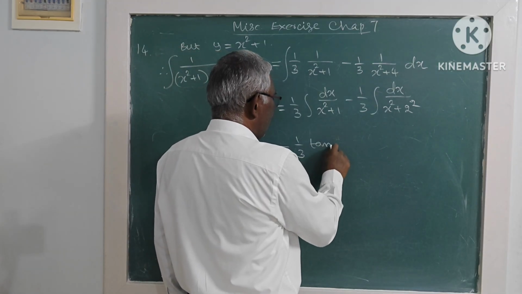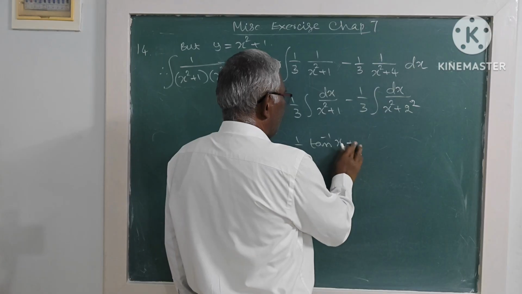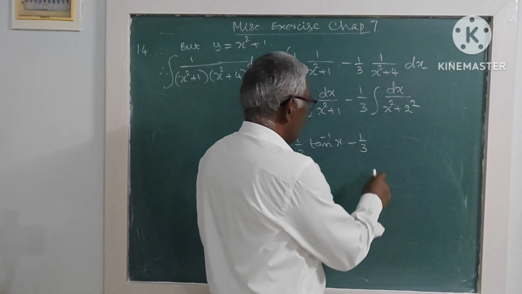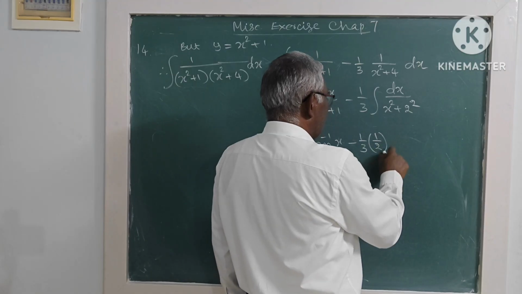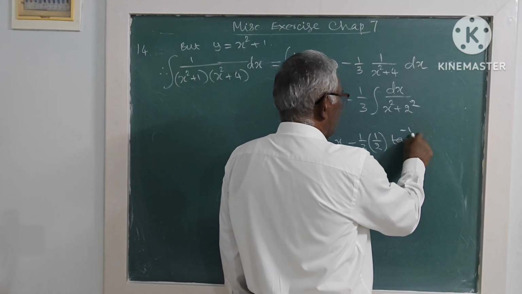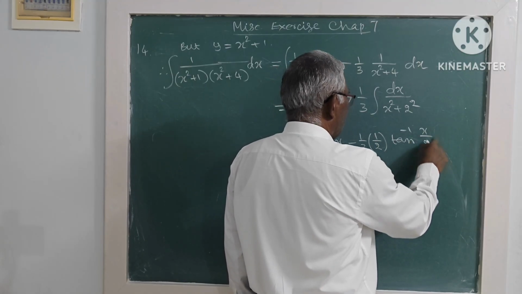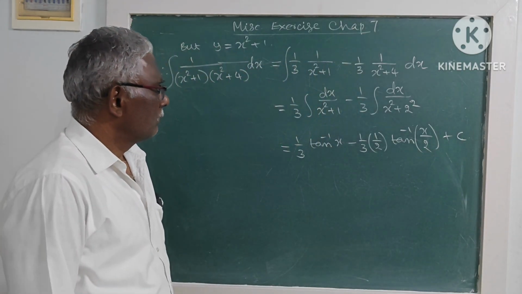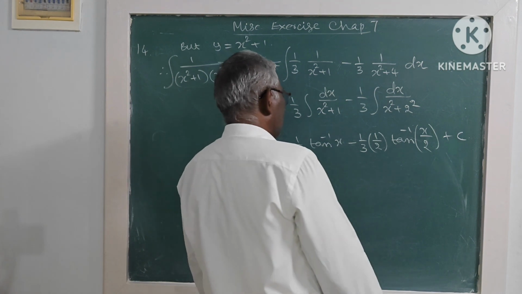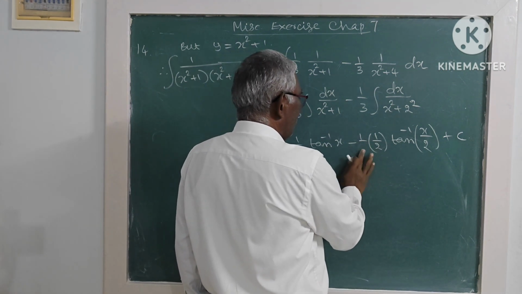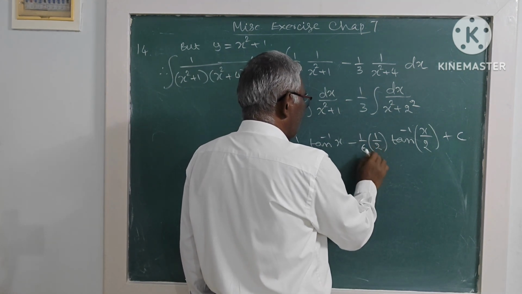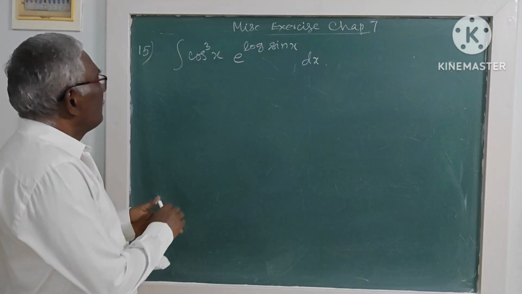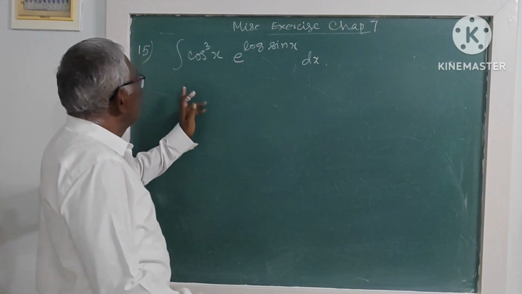So this is tan inverse x minus 1 by 3 times 1 by 2 times tan inverse x by 2 plus constant. Now this we can write as 1 by 6. So this is the answer.